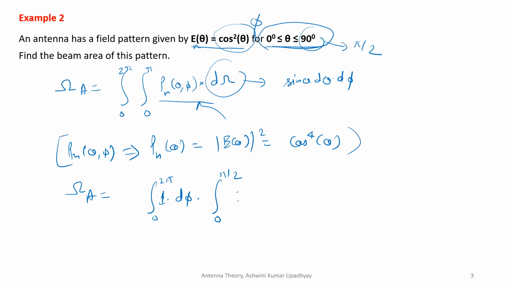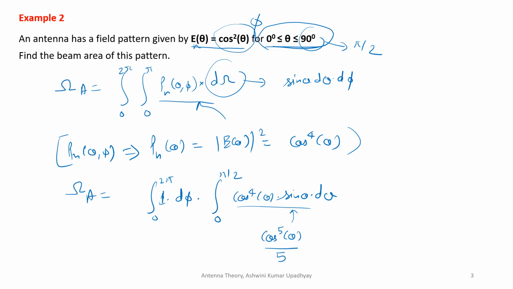What will be Pn theta? It will be nothing but cos to the power 4 theta and then sine theta d theta. This is a very simple integral expression. And you know, oh sorry, the differential of cos to the power 5 theta divided by 5 will give you this expression.